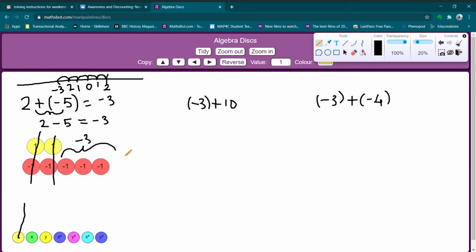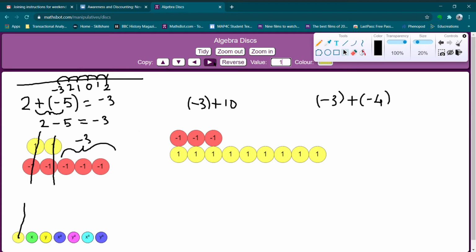How about here? So here we have negative 3. Negative 3, reverse it first, and we have 1, 2, 3, and we are adding a 10 to it. So let's count up to 10: 2, 3, 4, 5, 6, 7, 8, 9, 10.